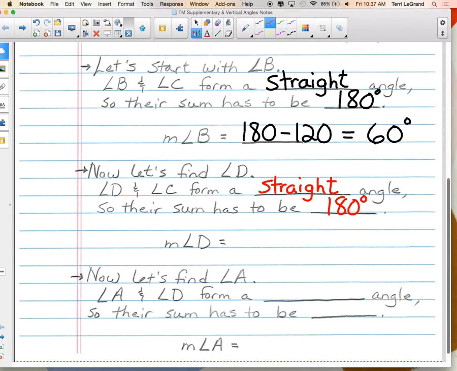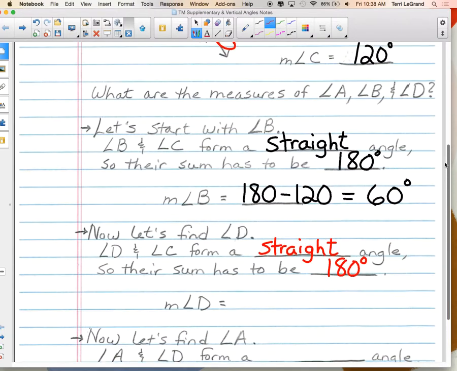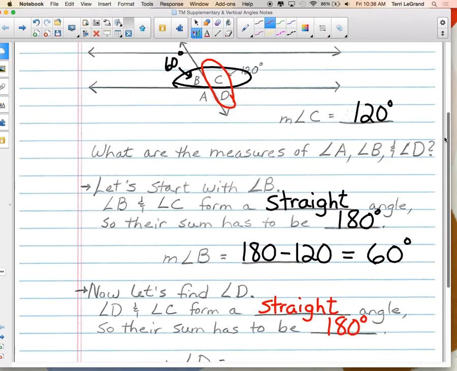Well, since we're looking for D, do we just happen to know C? Do we know the measure of angle C? Yeah, we do. It's right here. See, this is C right there. We already know it, so we're going to really do the same thing we just did to get B, aren't we? Straight angle.